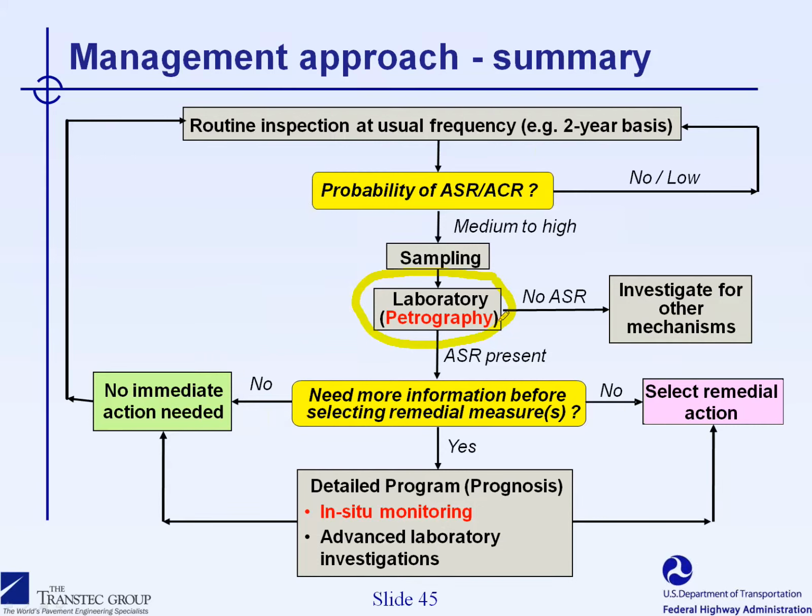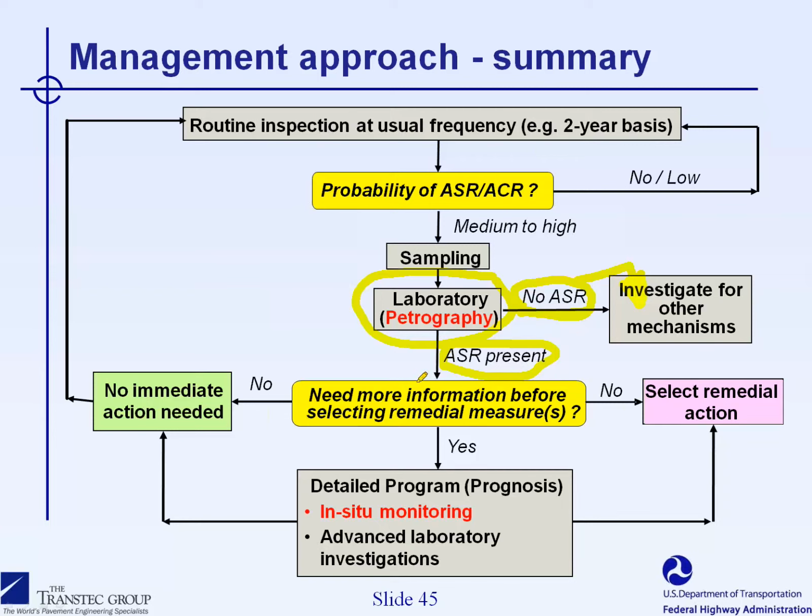So after the petrographic examination in the laboratory, the next question will be to determine whether ASR is present or not. Through petrographic examination, if it has been determined that there are no signs of ASR in the concrete, but still the concrete is in relatively bad shape, then there might be an opportunity to investigate for other mechanisms.